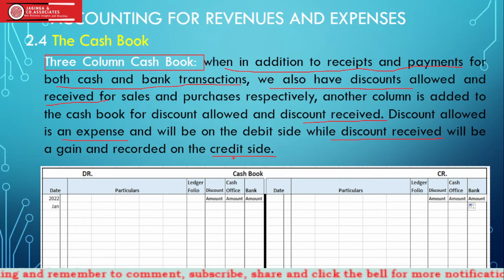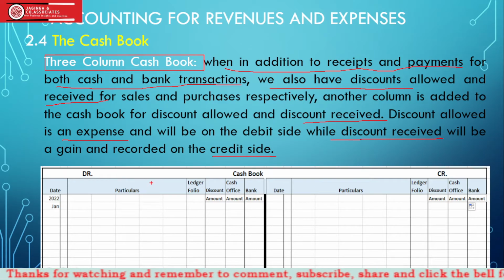So the $10 will be a discount and it will be a gain for your business. So we say gains and incomes are always credited. So discount received will be credited on your cash book.